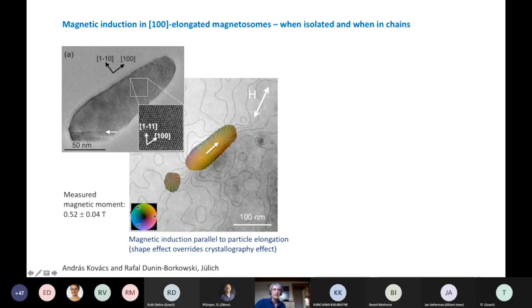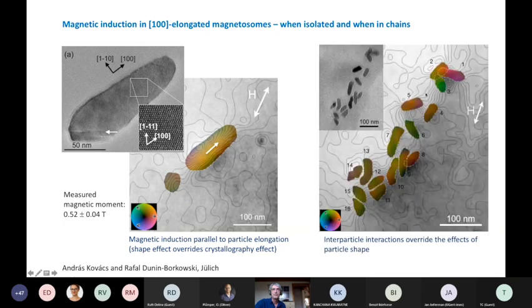And by the way, electron holography is a quantitative technique. So we can measure the magnetic induction, which is 0.5 Tesla, what it should be for magnetite actually. But these experiments were done by András Kovács and Rafał Dunin-Borkowski in Jülich Research Center.